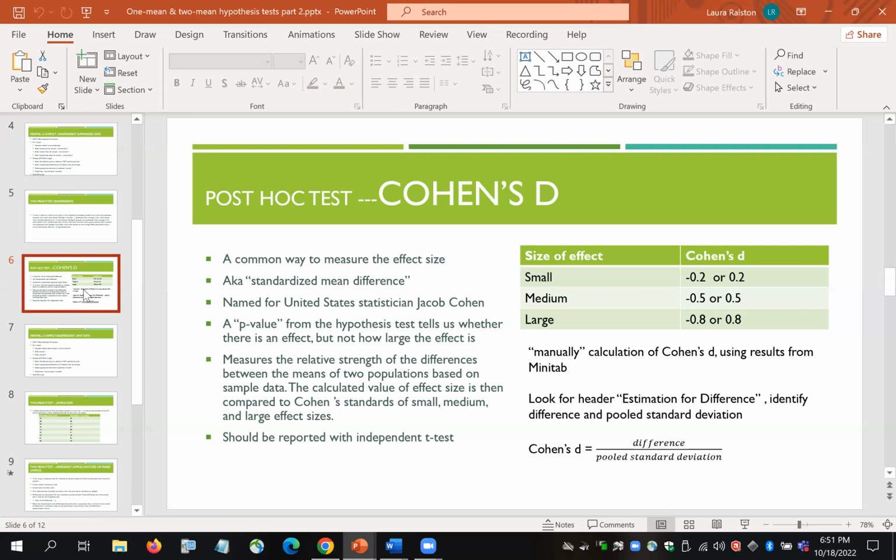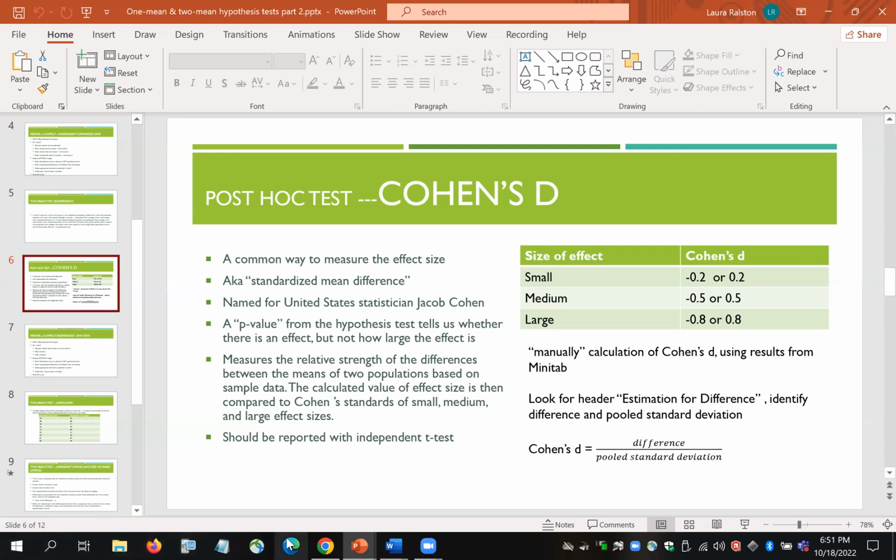Sometimes that value is going to be negative, sometimes it's going to be positive. Then depending upon its value, we come back to this table, which is provided on the quiz and on the final exam so that you don't have to memorize it, and we think about whether we have a small effect, medium, or large.